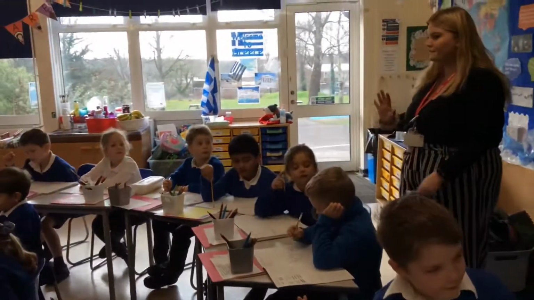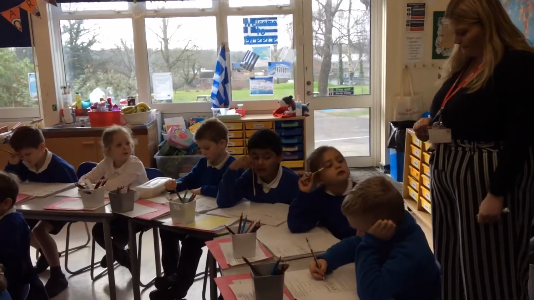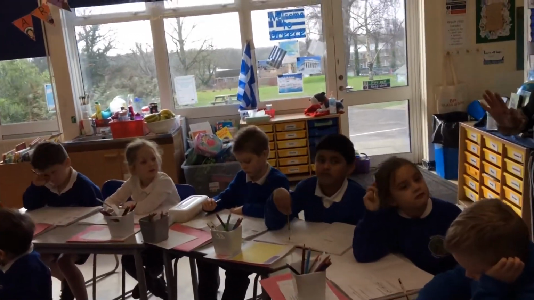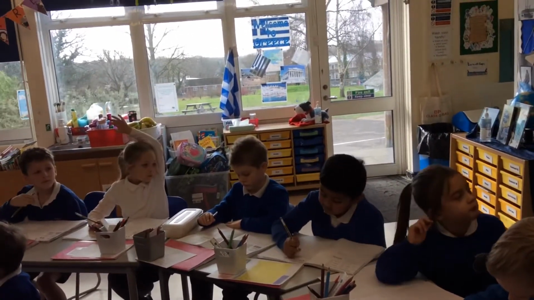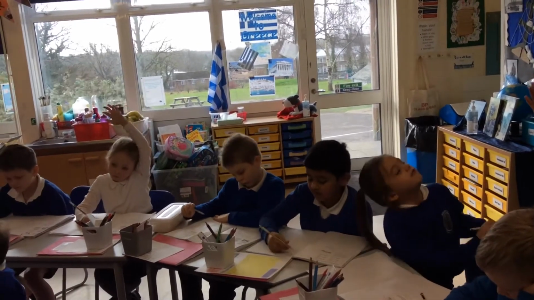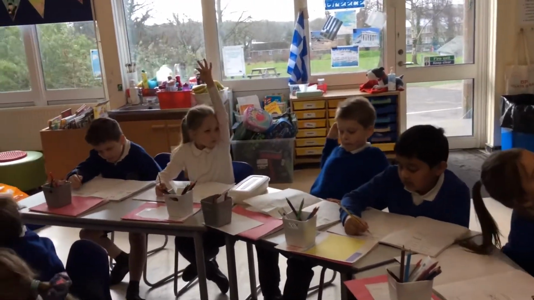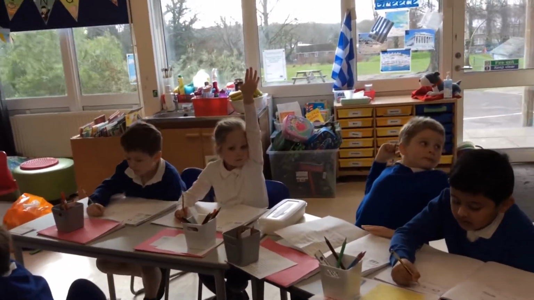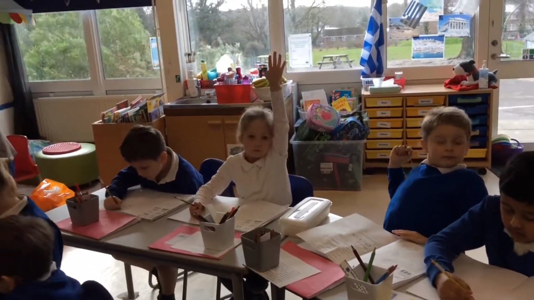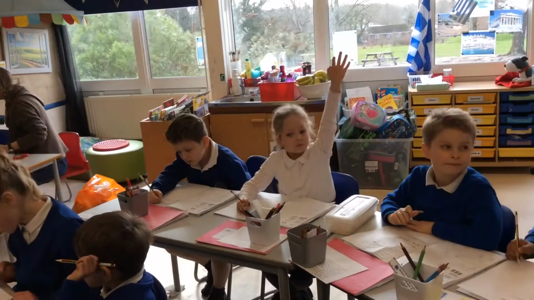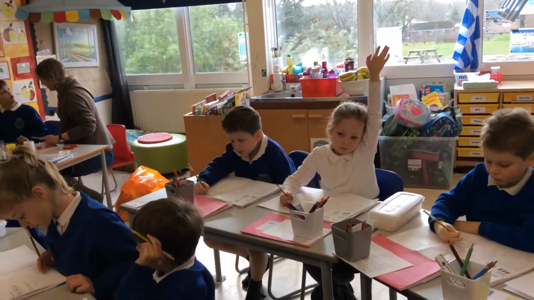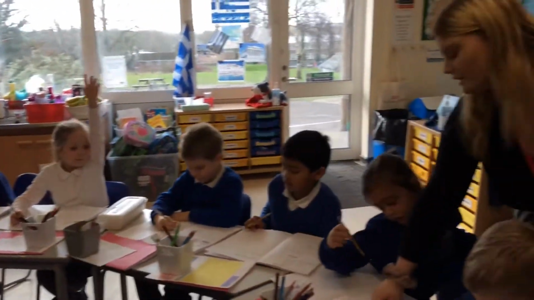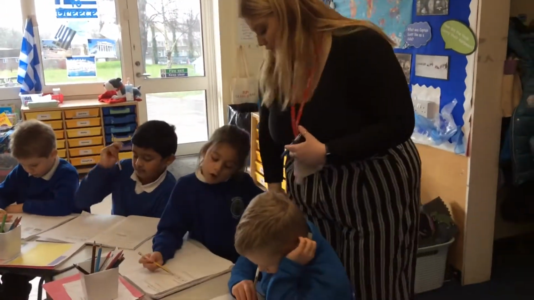Split into 5, can it be a quarter? What does a quarter mean? Or is it 3? So if I had a cake and I cut it into quarters, how many pieces of cake would I then have? 4. So we know when we're cutting into quarters, we always need to have 4 pieces. So this one can't be cut into quarters, as there's 5 and there's 4.